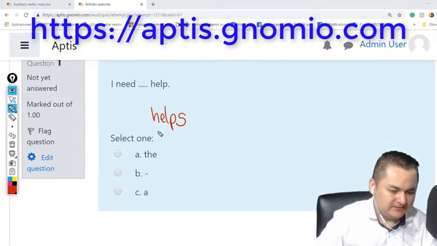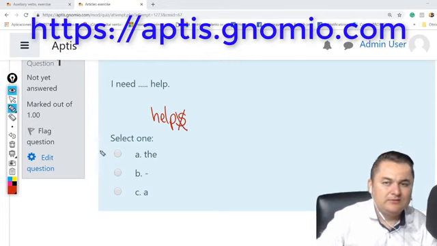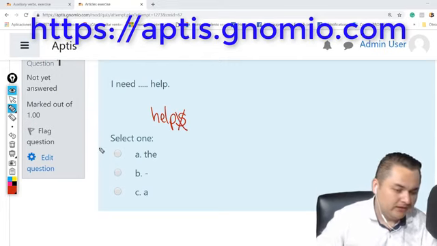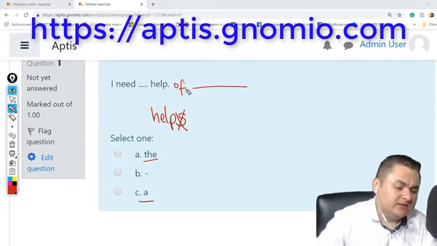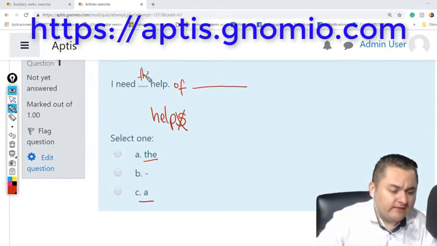I need helps. So since I can't pluralize or make help plural, I can't use a, or I can't use the. I could use the if I have here a preposition and then another part of the sentence. For example, I need the help of my mother, for instance.